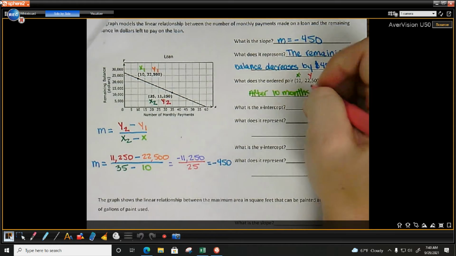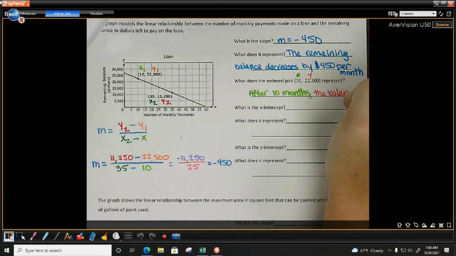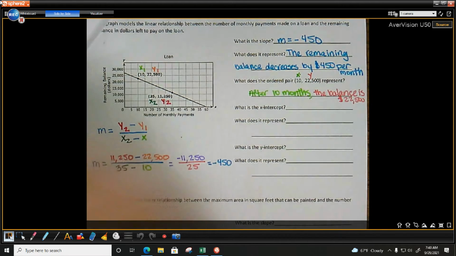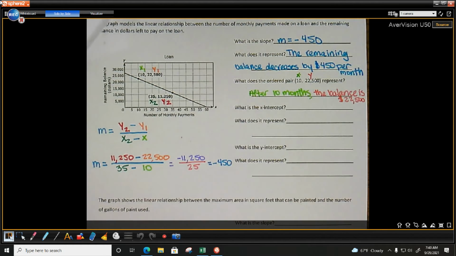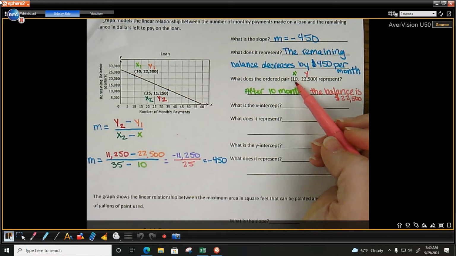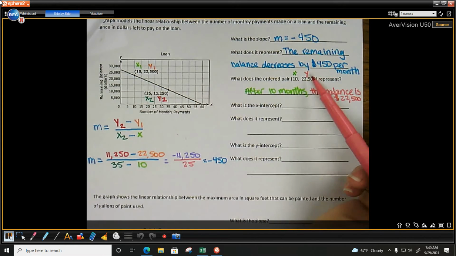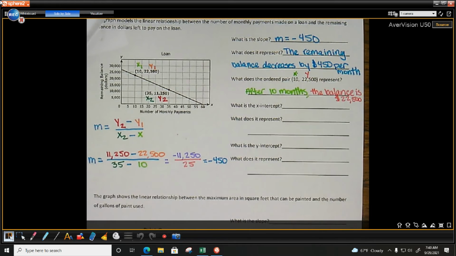So the balance is 22,500. I know we didn't give you a ton of room here, guys. Does that make sense? Use the x label to label your x value of your ordered pair. Use the y label to label the y value of your ordered pair. Good?